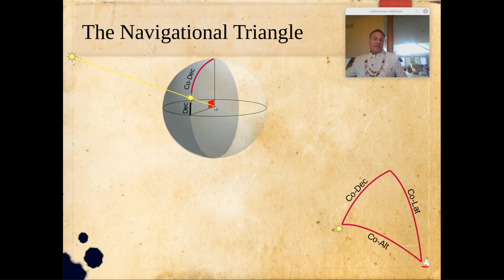Okay, and I've extended that line to the center of the Earth so that the angle from the equator, shown in this line from the center of the Earth to the equator, shown in black, to the line of the sun in yellow, that's called the declination. And in this case, it's north, and so it's positive. The co-declination would be however much is left over up here between this black line and this yellow line. Whatever's left over is 90 degrees minus the declination. That's the co-declination. Okay?